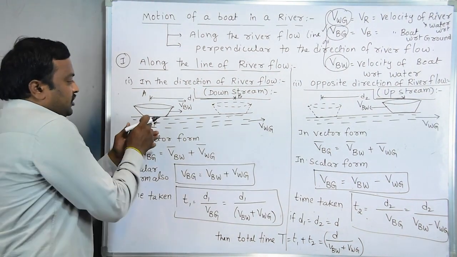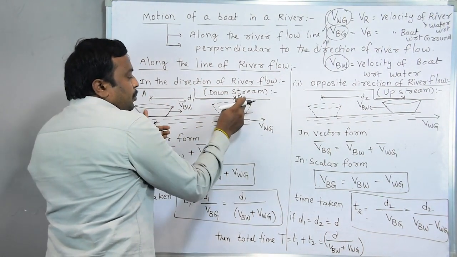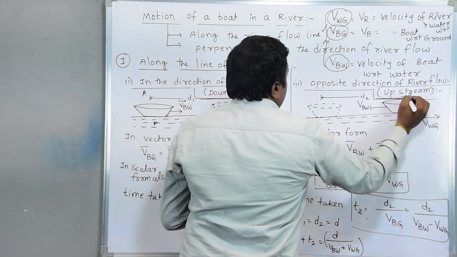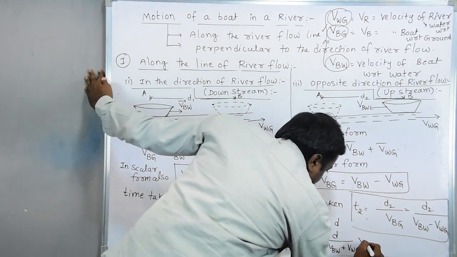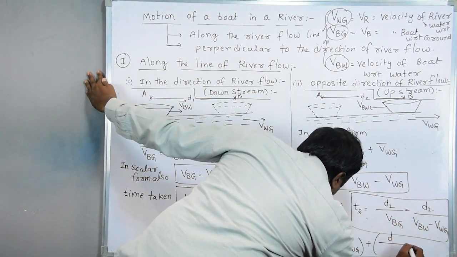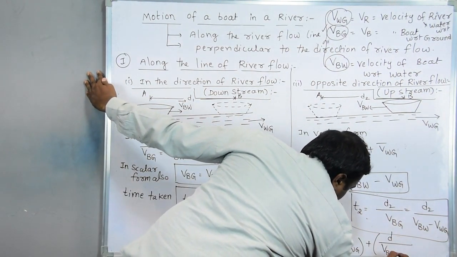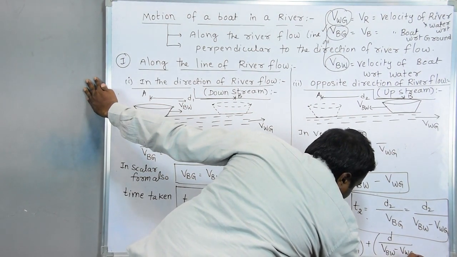If the boat started from location A to B and again returned from B to A, then the total time is D by VBW plus VWG plus D by VBW minus VWG.